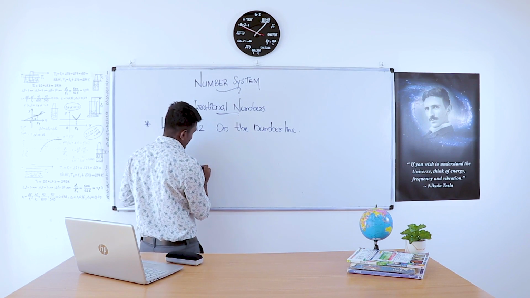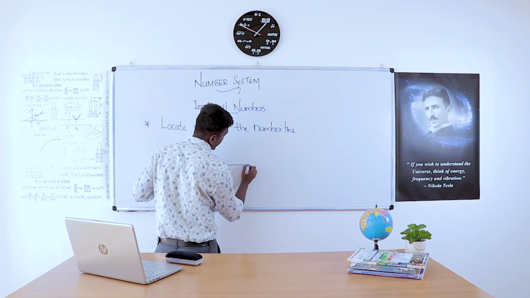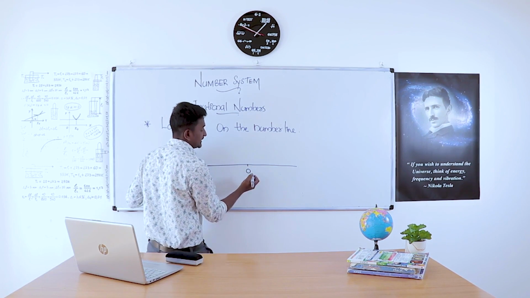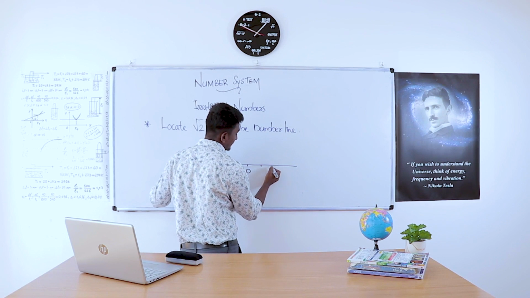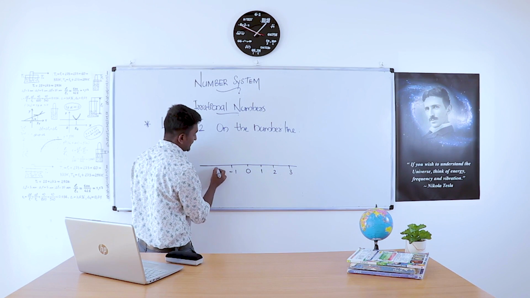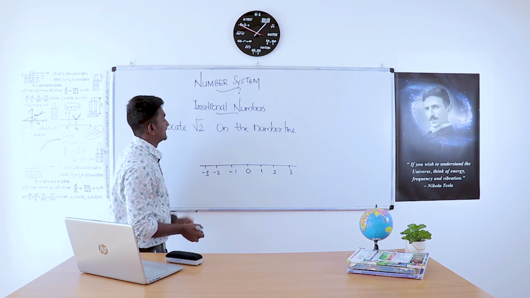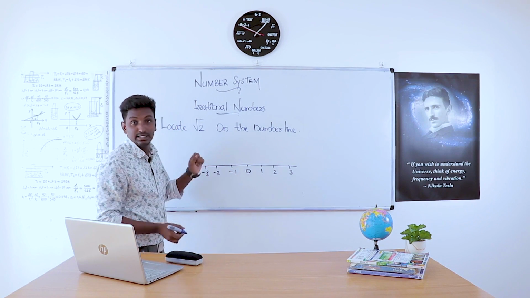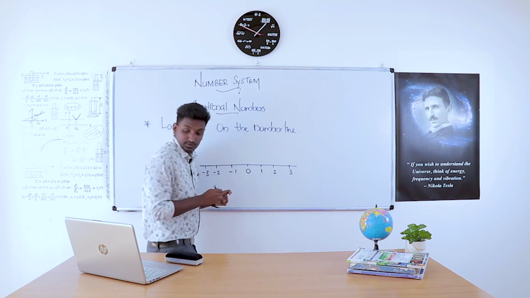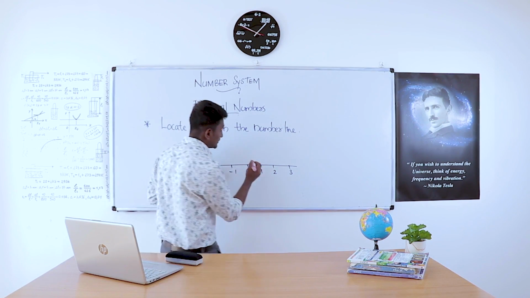Let us consider a number line. This is our number line. In the center there is 0, then 1, 2, 3, etc. Towards the left -1, -2, -3, etc. We have to consider the same unit square on this number line.